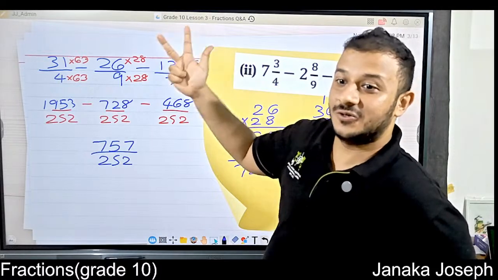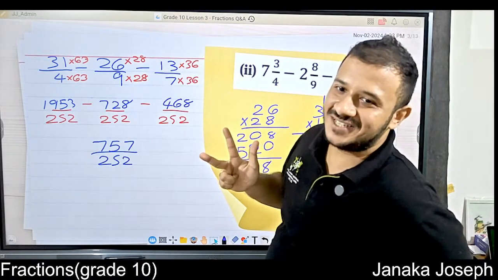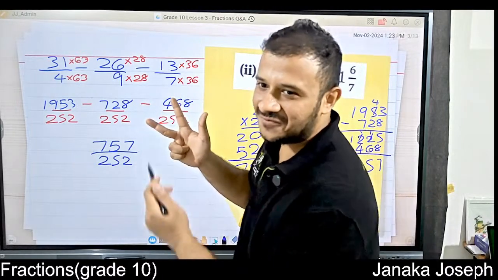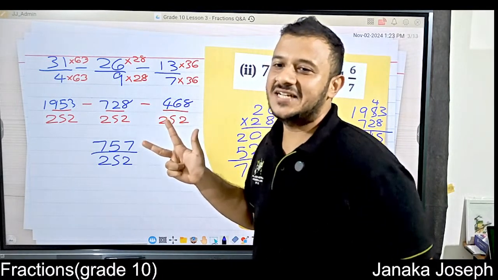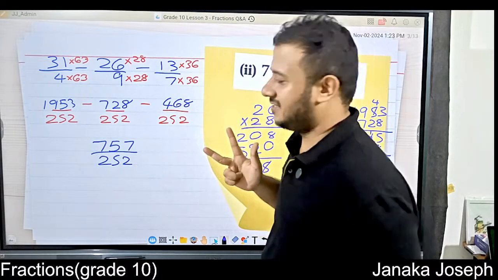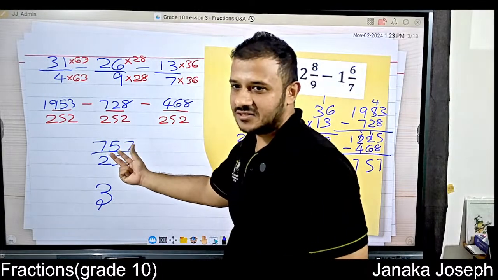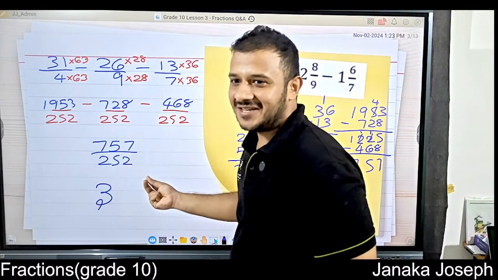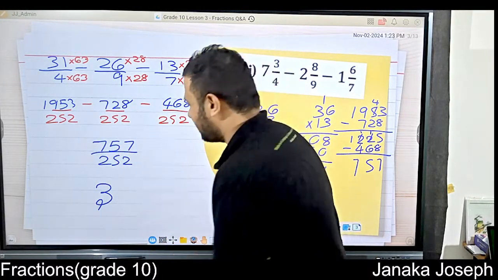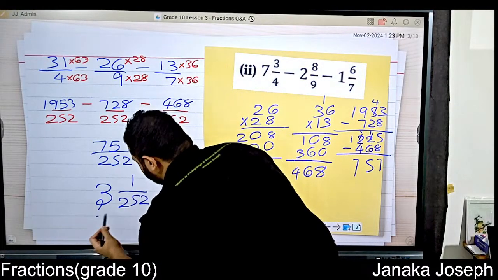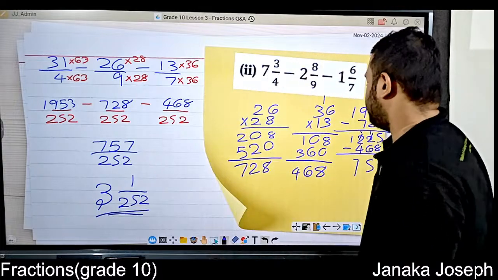So 756. Third number of 252 times table is 756. So you will take 3 wholes. So 756 goes out from 757. 1 is left. 1 out of 252. That's the answer there.